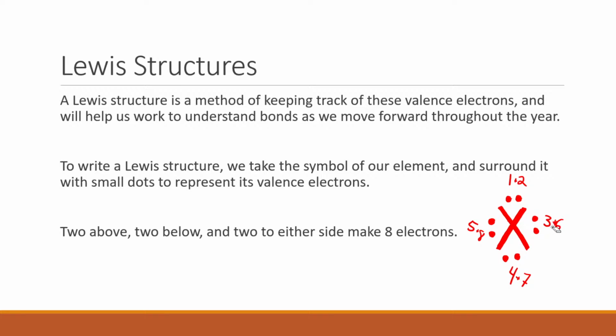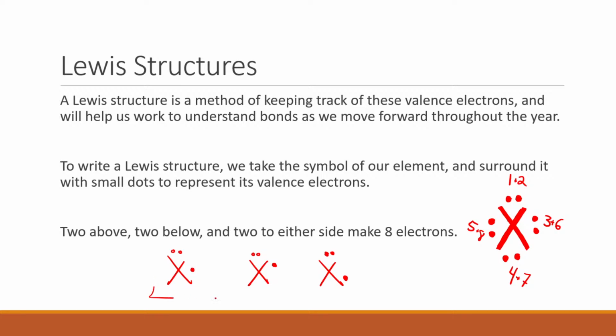It does matter what position you put the dots in within a side. Right, for example, if I have something with 3 valence electrons, the first 2 electrons are going to go up top. The third electron can go pretty much anywhere along this side. No one is going to nitpick you for putting it here, or drawing this picture and putting it here, or drawing this picture and putting it there.